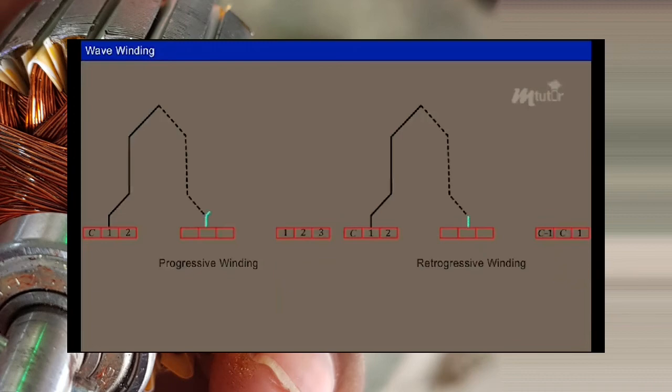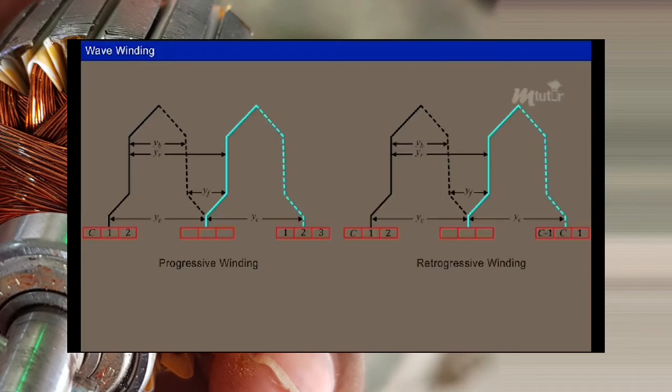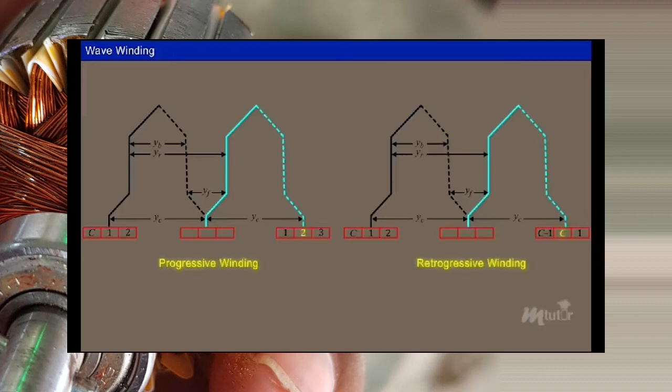Considering a 4-pole machine, the simplex type of wave winding is illustrated on the screen as a second coil end traveling once around the commutator is connected to a commutator segment just ahead or behind that of the starting end of the first coil for progressive and retrogressive type winding, respectively.